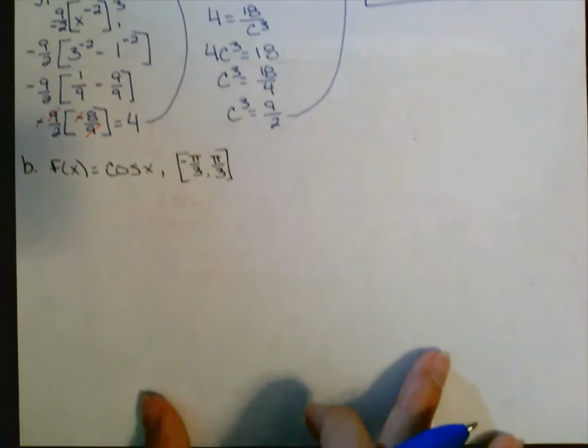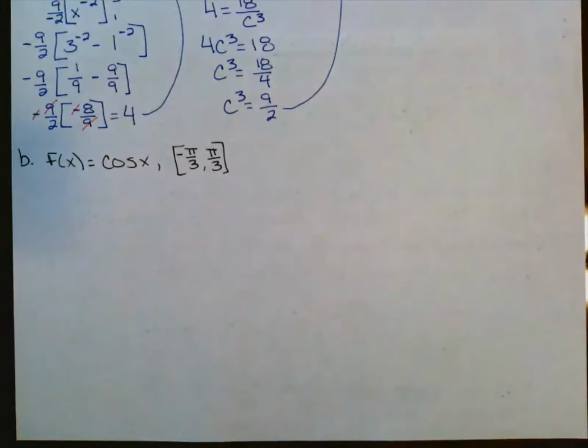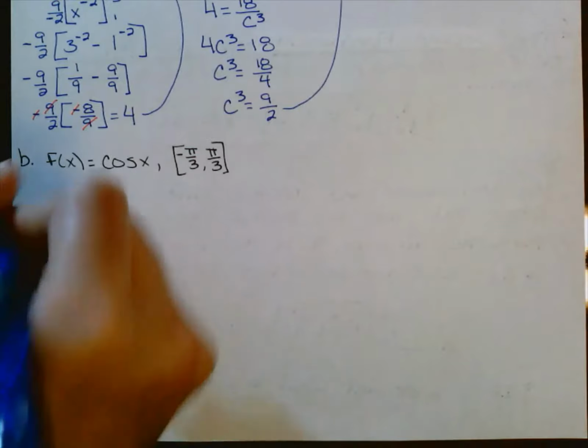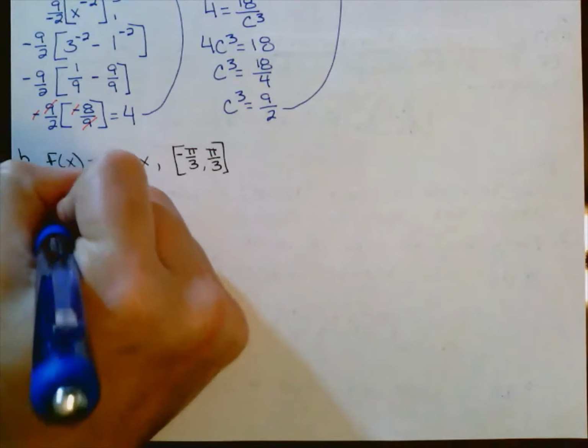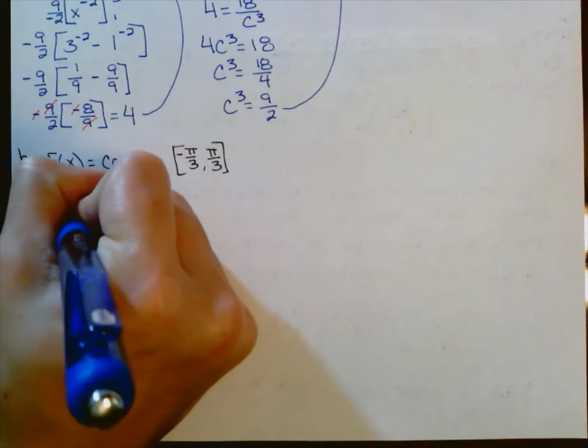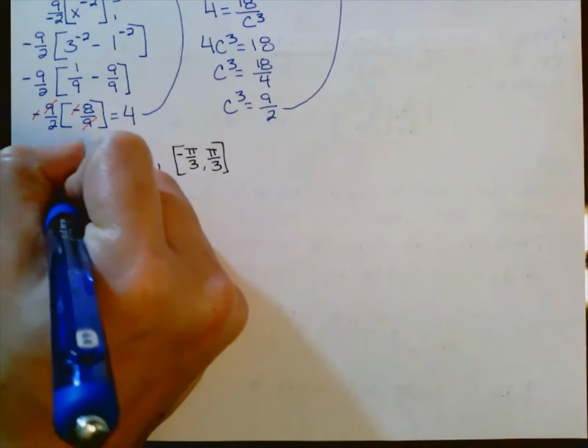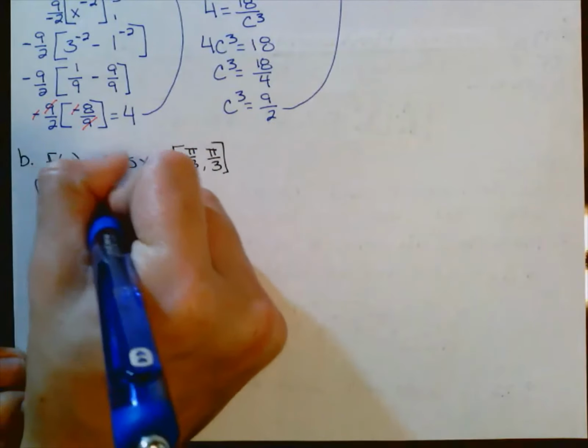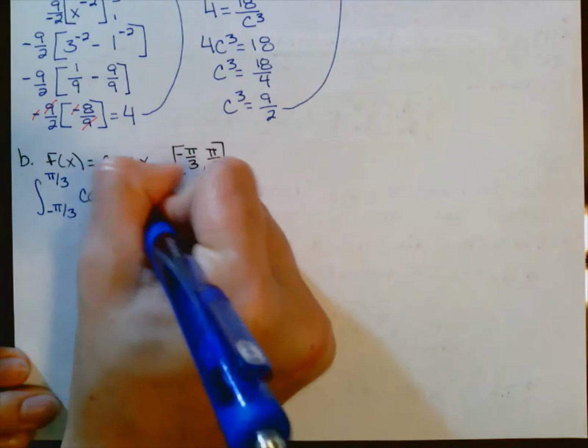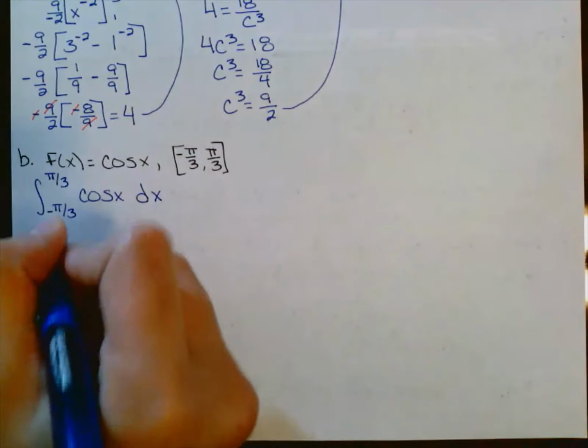So again, step 1 would be to do the left side of that formula, which is the integral from a to b of my function, which is cosine of x, and finish writing notation dx.